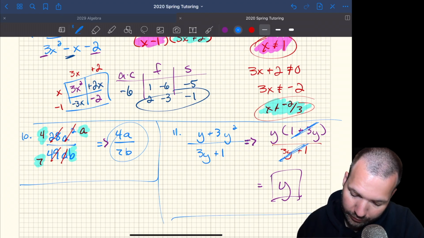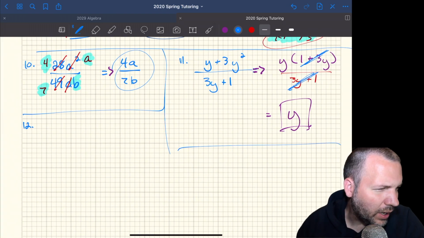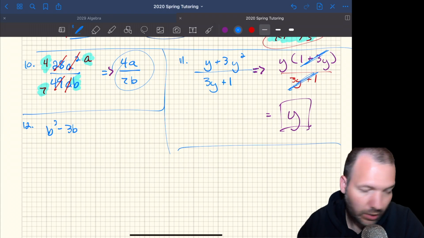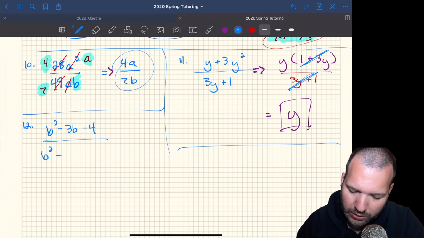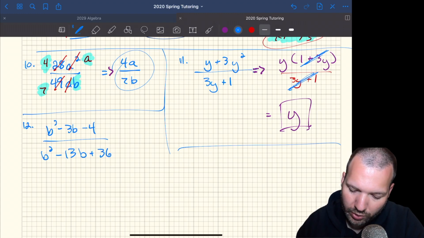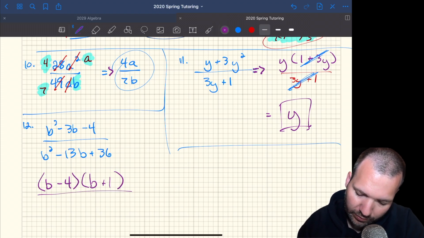Number 12, I'm getting a little wild here with the boxes. We've got b squared minus 3b minus 4, and we're dividing it by b squared minus 13b plus 36. So this numerator here factors: two numbers that multiply up to negative 4 but add up to positive 1 are negative 4 and positive 1.